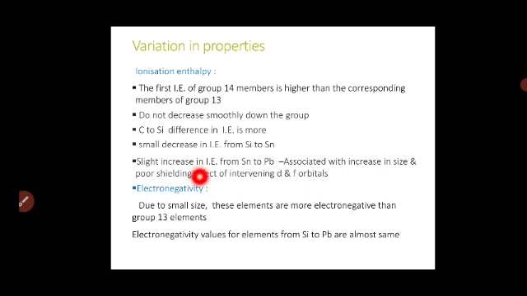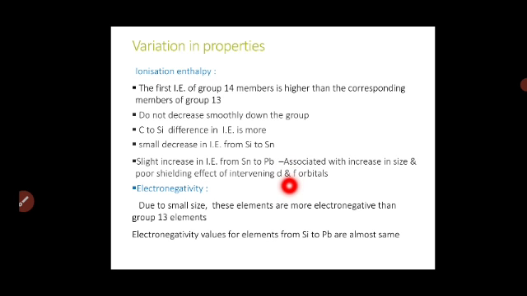So here the shielding effect is very poor, meaning the outermost electron is not shielded properly by the inner core electrons. Meaning the outermost electron is more attracted towards the nucleus. Hence, the energy required to remove that electron is very large, or we can say very high energy.